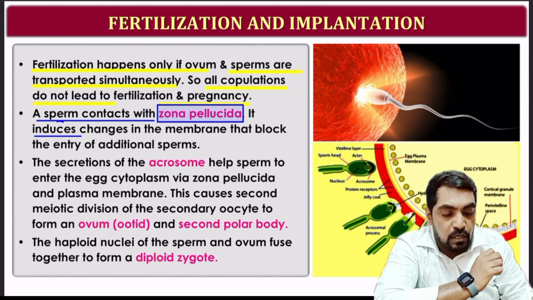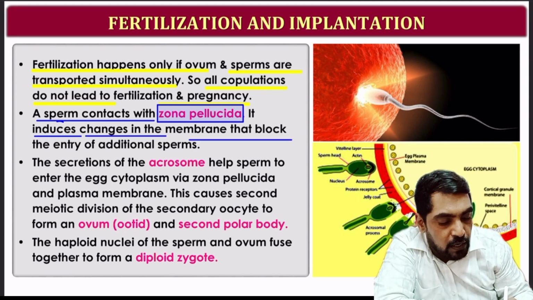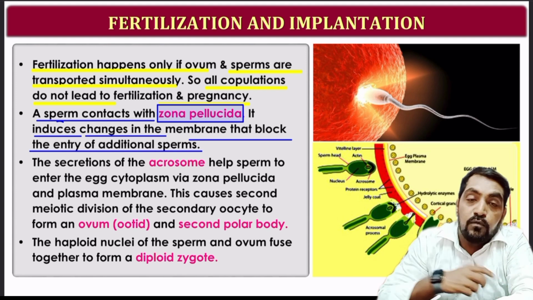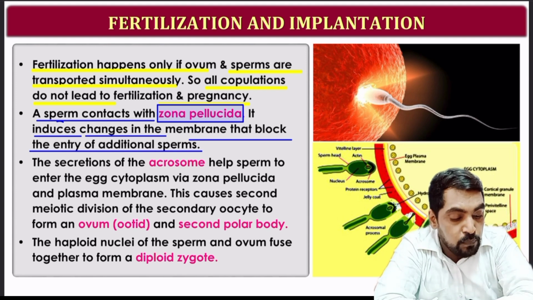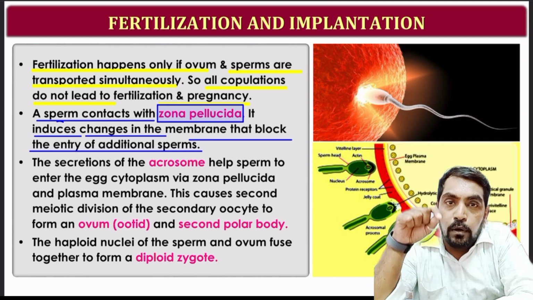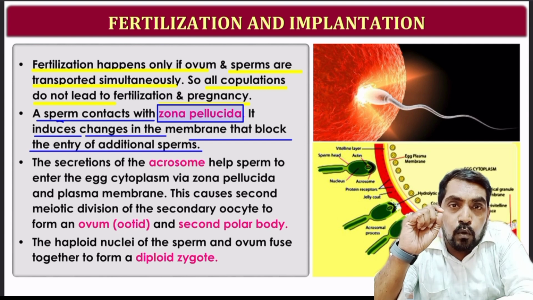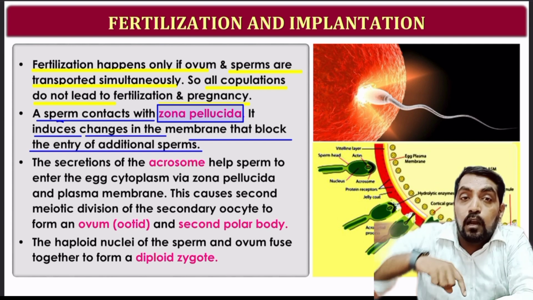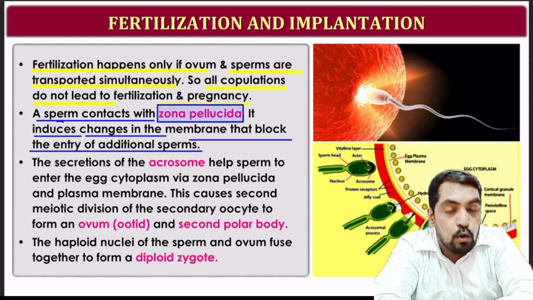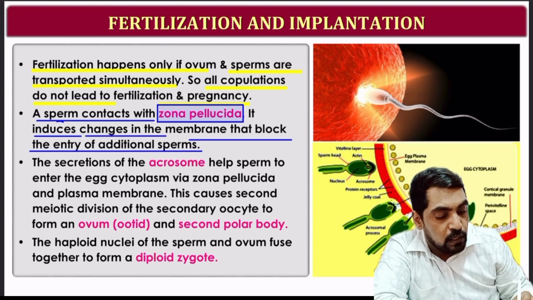The moment the sperm touches the zona pellucida, it changes the membrane and forms the anti-fertilizing membrane that will not allow any other sperm to enter. So the moment one sperm head touches the zona pellucida, a covering forms around the egg, which is the anti-fertilizing membrane. It will not allow any other sperm to enter, meaning only one sperm will enter at one time.